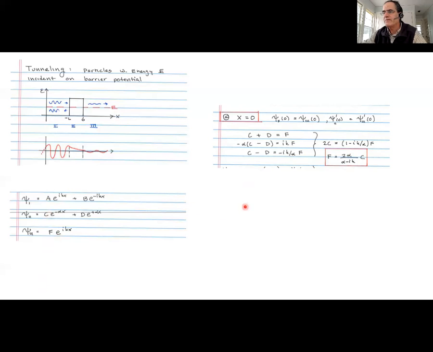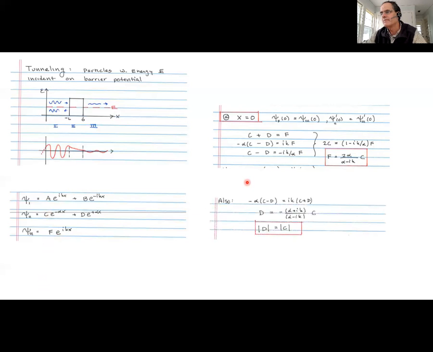Now, as we're doing this, there's one other thing I want to show you. This is kind of a detail, but it'll be important in a moment. Okay? Looking back at this, you can see that minus alpha times (c minus d) is equal to ikf. But the other way we could have done this would be to combine this expression with the first one to eliminate f. Then we get minus alpha (c minus d) is equal to ik times (c plus d).